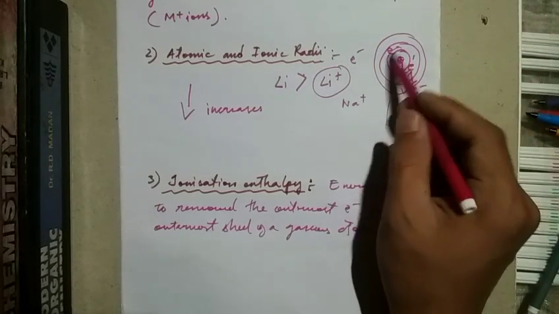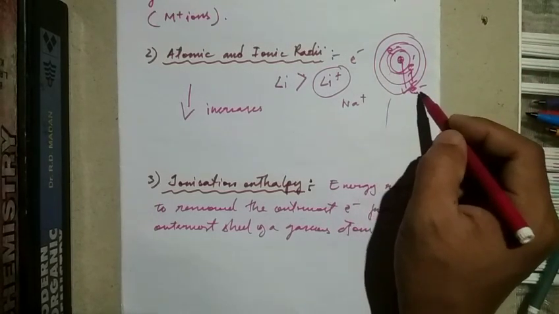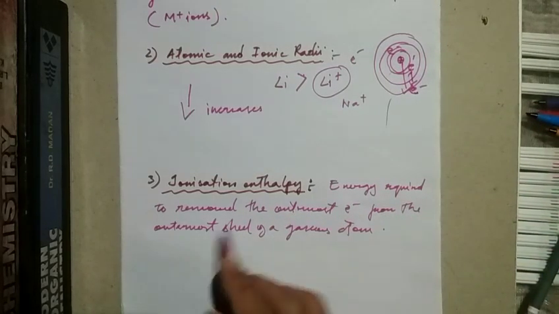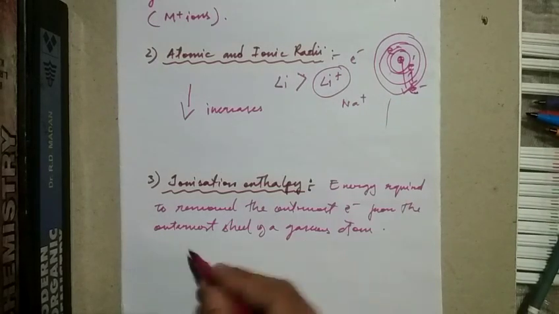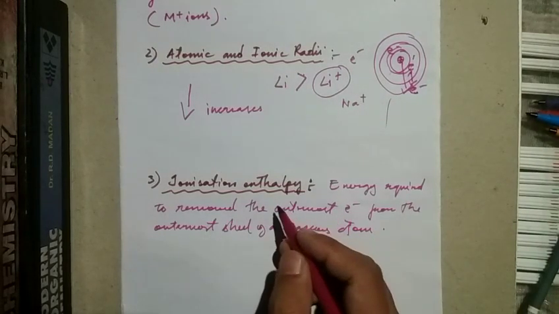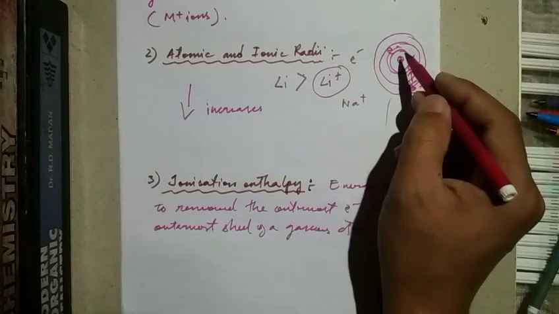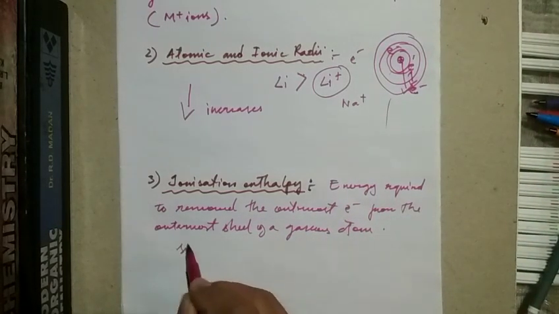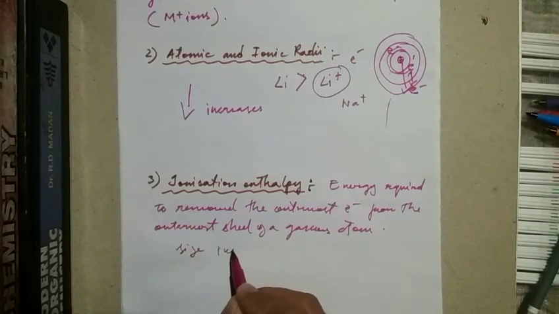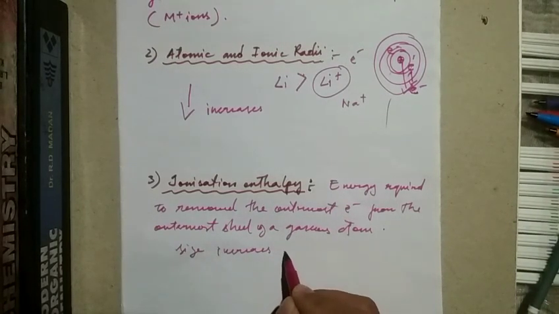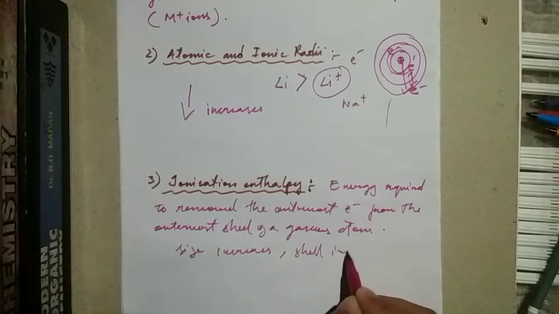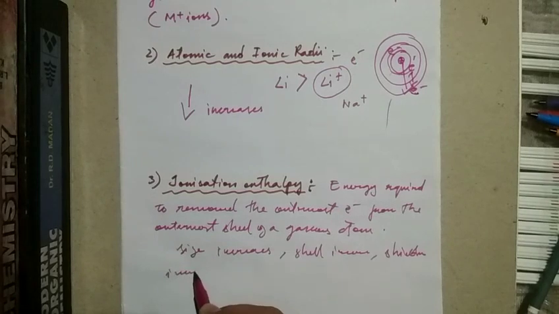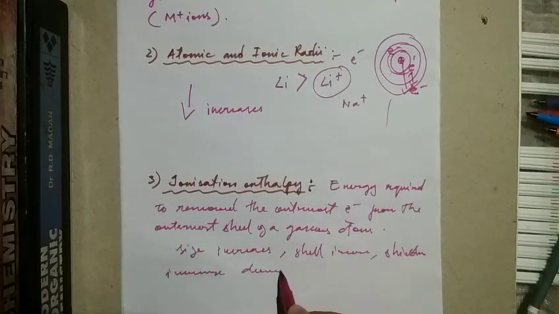So as we move down the group, size increases, the number of shells increases, and the shielding effect increases down the group.